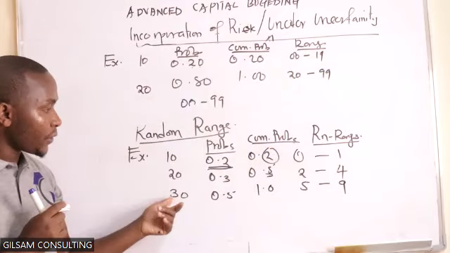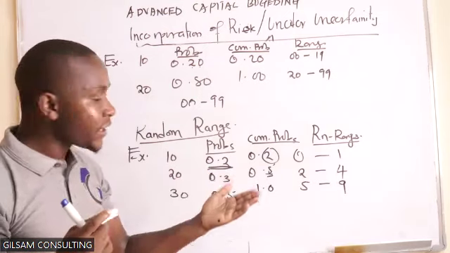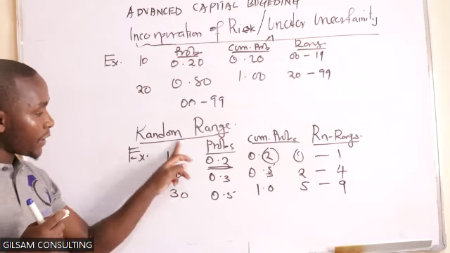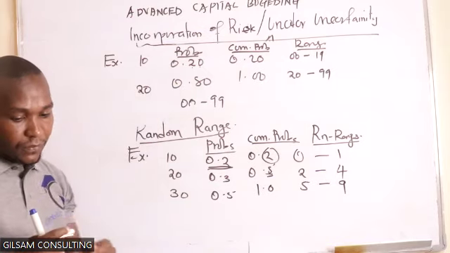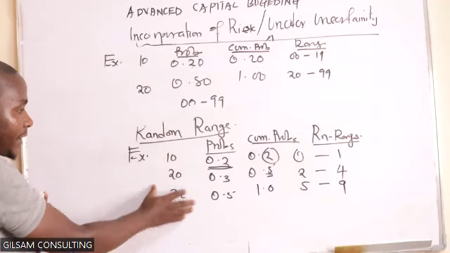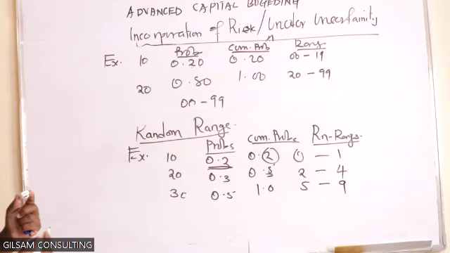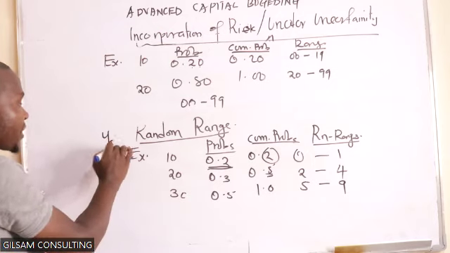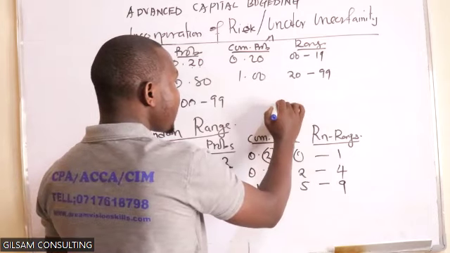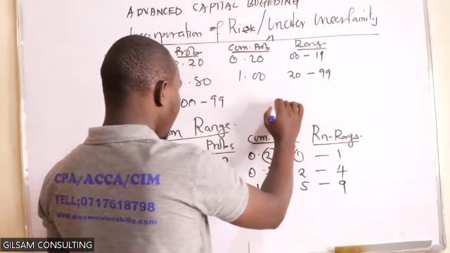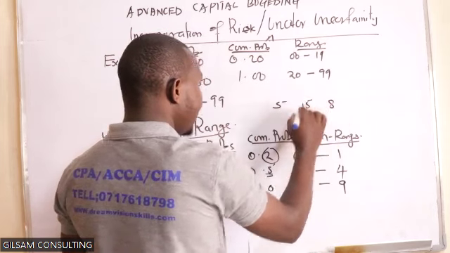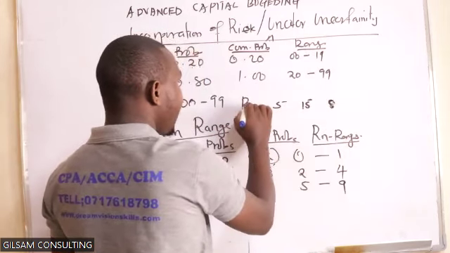We are not going to discount directly using these cash flows. We will be using the random numbers to allocate the cash flows. Assuming these are our cash flows for a one year project, and we have our random numbers: 5, 15, and also 8.